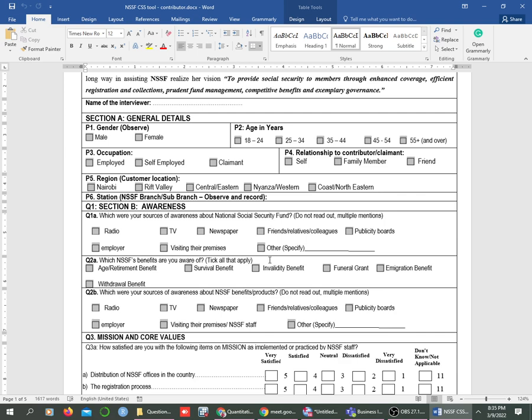But in this case, since we're handling a quantitative class, for this part of other specify, you will not code it into the software. This is what I mean. You will not say Facebook and code it in your SPSS. No. Instead, you'll read, which is still the tricky part.